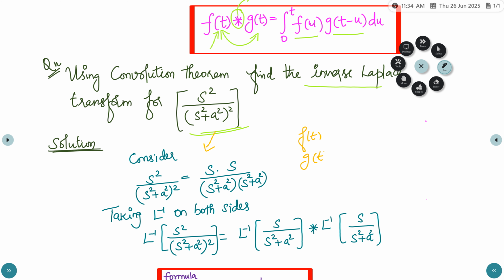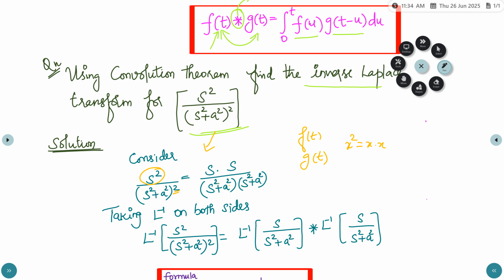For this purpose, the given function is separated into a product of two functions. The numerator s square can be rewritten as s into s, and the denominator, the whole square, is separated into s square plus a square into s square plus a square. The simple concept: x square can be rewritten as x into x. So the numerator square is split into s into s, and similarly the denominator square is separated into s square plus a square into s square plus a square.